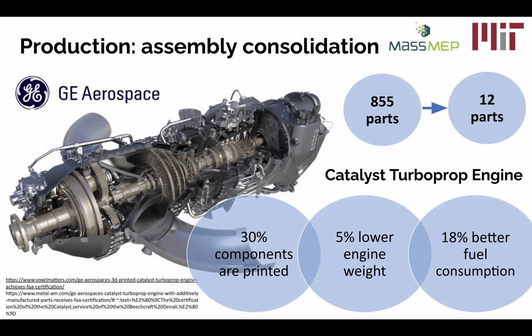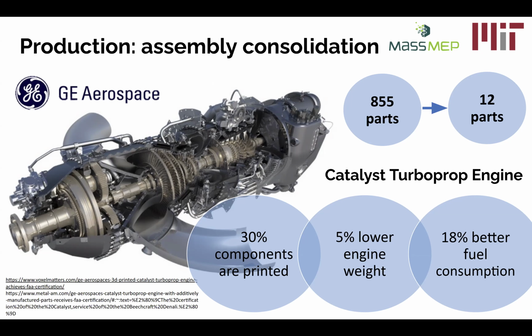So for the Catalyst turboprop engine, which is used for civil aviation, we can see that this entire engine was made conventionally of 855 parts. And thanks to redesigning for additive manufacturing, it was reduced down to 12. So this means 30% of the components was actually printed. It was lighter, and there was better fuel consumption.